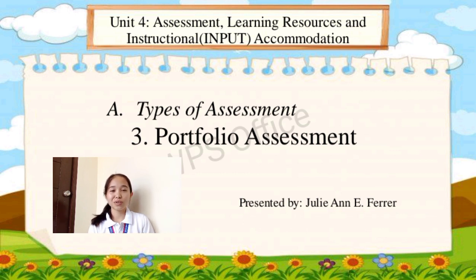So I am one of the members of the 6th reporter, which is about to discuss the Unit 4 Assessment, Learning Resources, and Instructional Accommodation. So the specific topic that I am going to discuss is under letter A, types of assessment, which is the portfolio assessment.